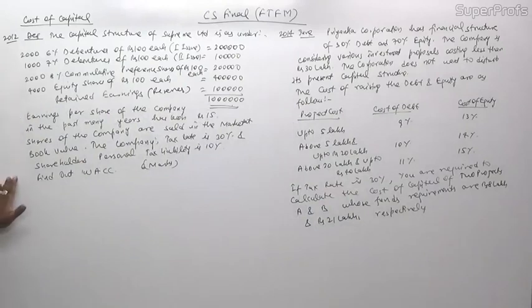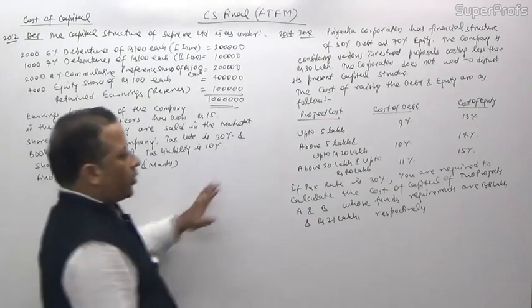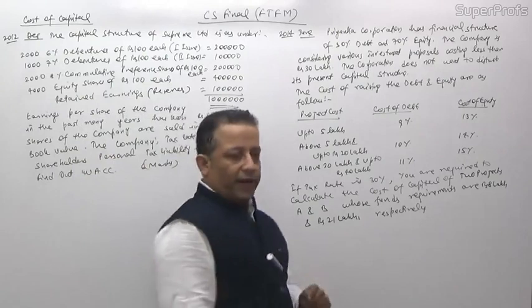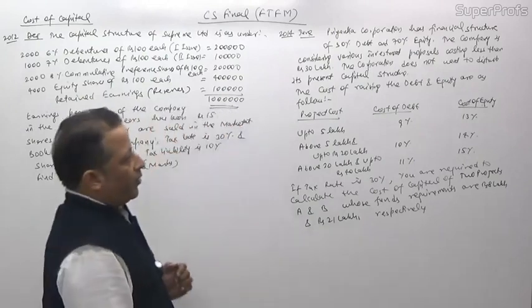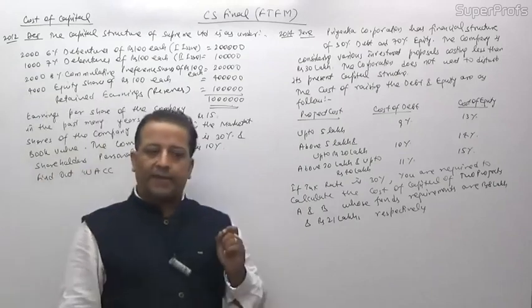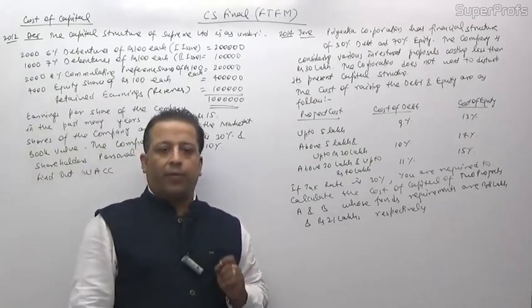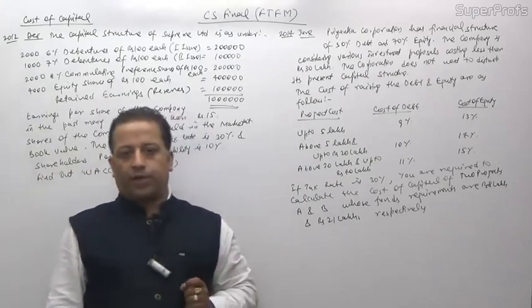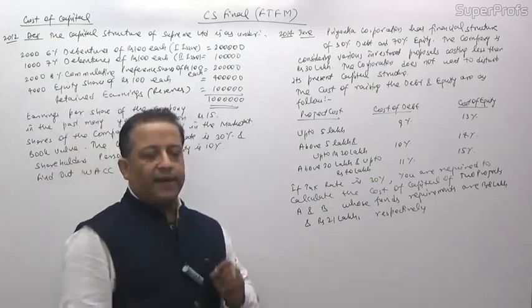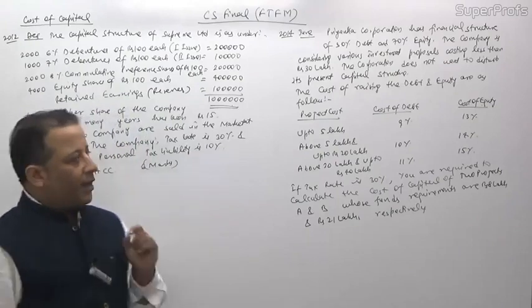The other question is from 2014 June. Priyanka Corporation has a financial structure of 30% debt and 70% equity, borrowing 30% from debt and 70% from equity.